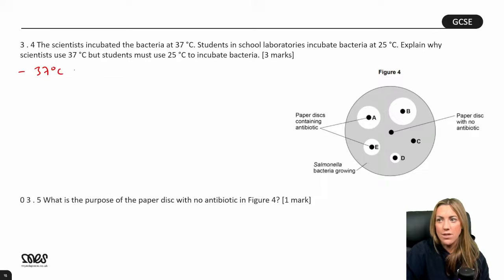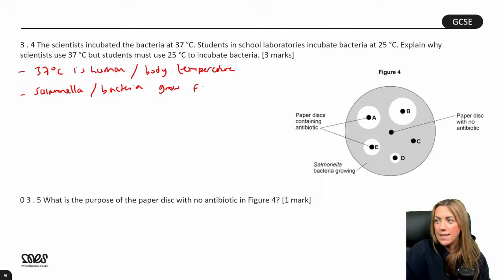So 37 degrees C is human or body temperature. That's why scientists use it, because salmonella, the bacteria, grow fastest or best at 37 degrees C.